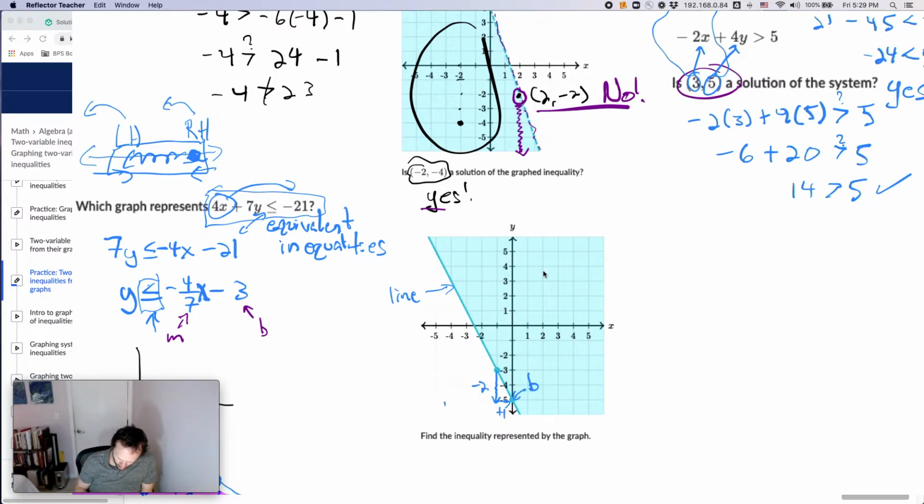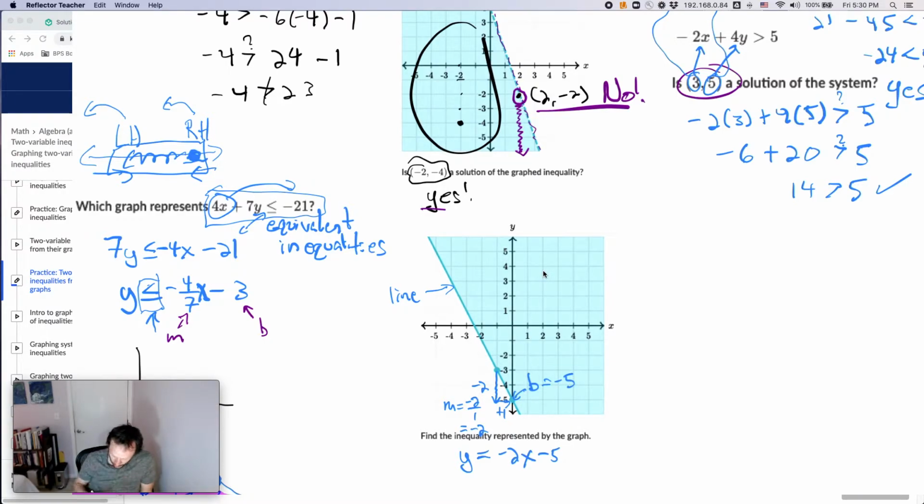So our slope is -2 over 1, which is just -2. And we can write the equation for the line first. Y equals -2x minus 5. Remember, B was -5.